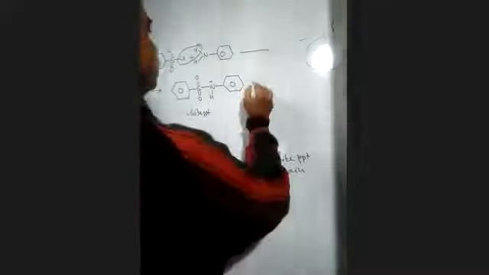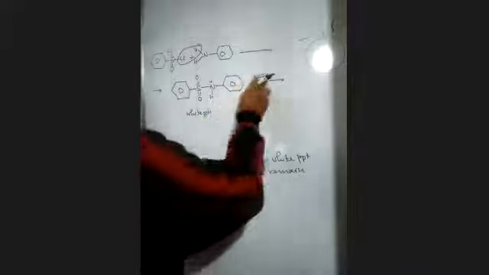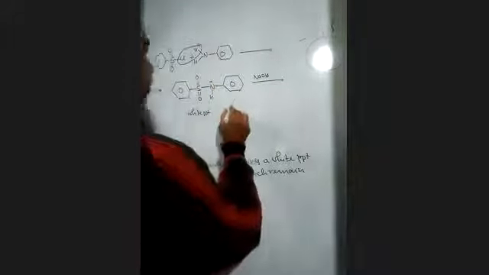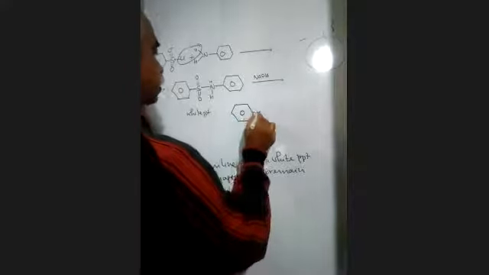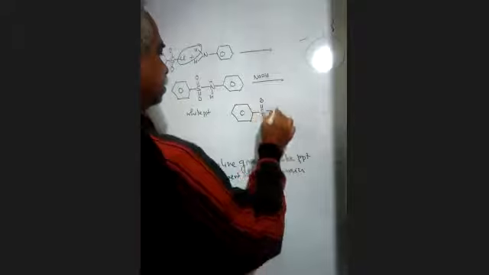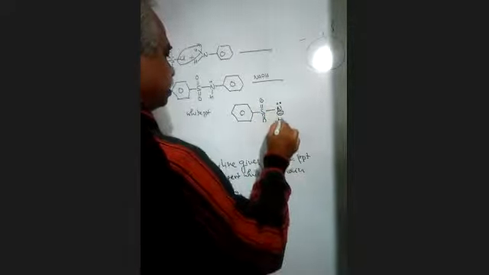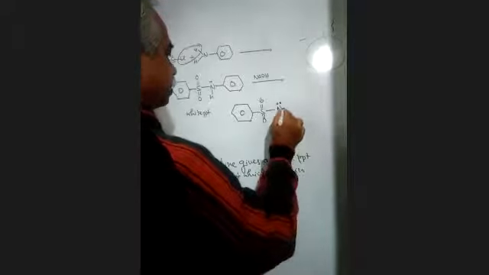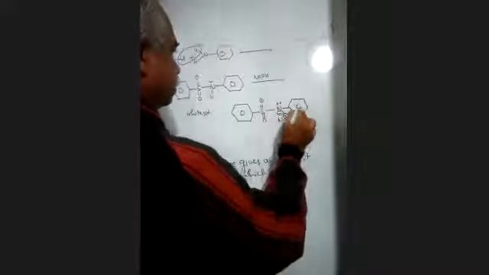Now, when you treat it with sodium hydroxide or potassium hydroxide, this OH minus will take this, and you'll get the salt, which is soluble in water. So you get right here. Okay, this is minus and this is plus.